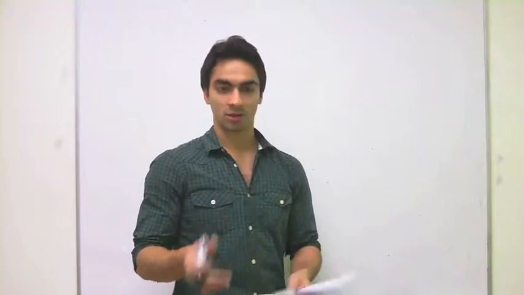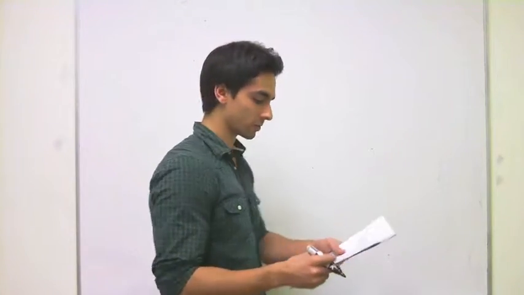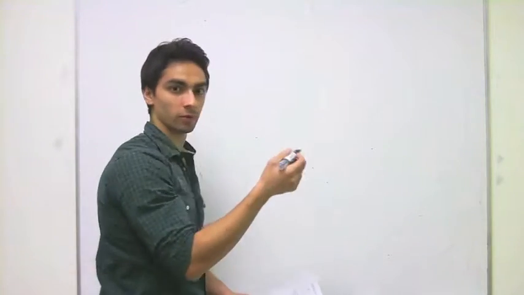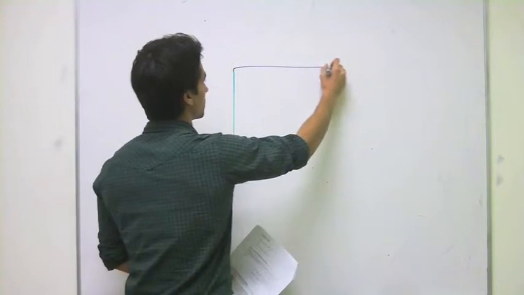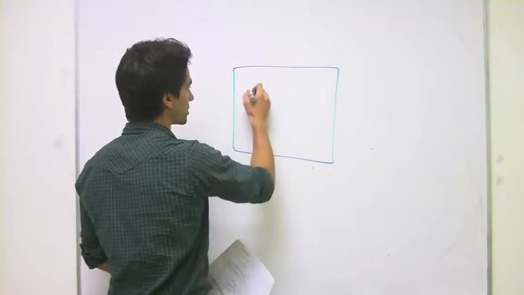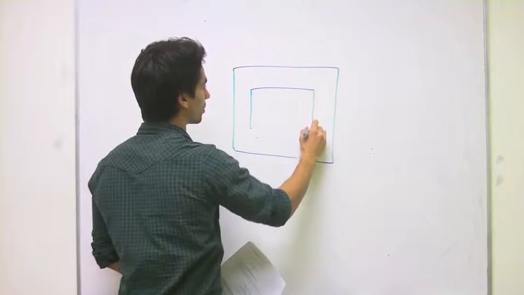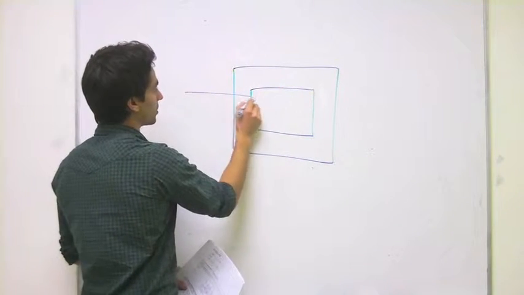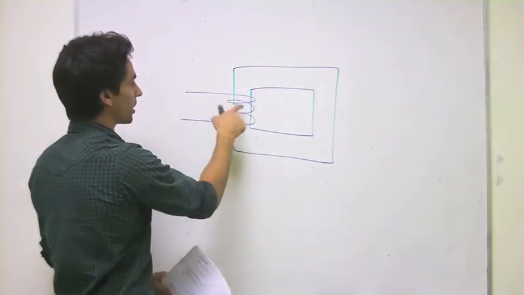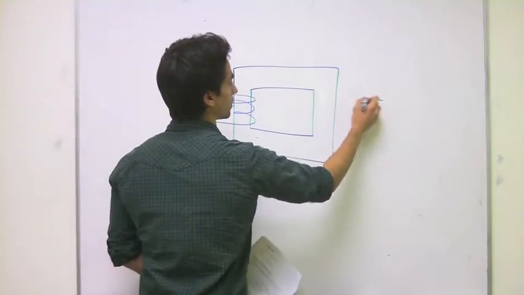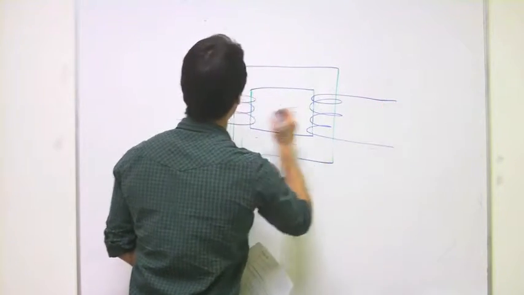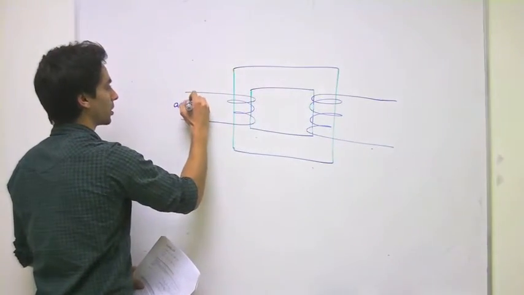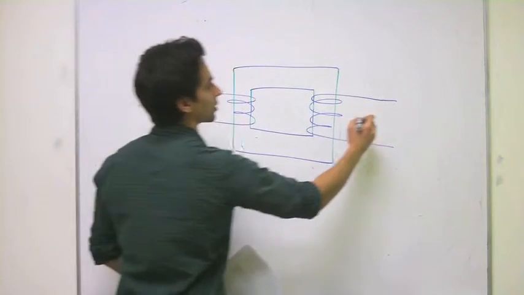Okay, 12.2.8 is describing the operations of an ideal transformer. The student should be familiar with the working of a transformer from IGCSE, but basically a transformer consists of a soft iron core, and there is an alternating current input and an alternating output, AC input here and an AC output over here.